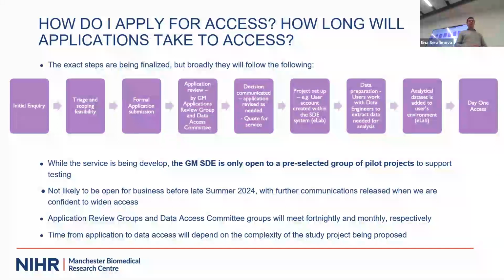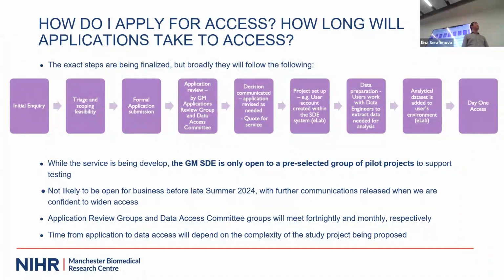So as I say, this is currently our understanding of what the process will be. The exact steps are being finalized, and all the different forms that are being required are currently being worked up. In terms of how long that process from start to finish would take, it's difficult to give an exact timing as of now, but what we can say is that the two data access groups will meet fortnightly, and the data access committee will meet monthly.